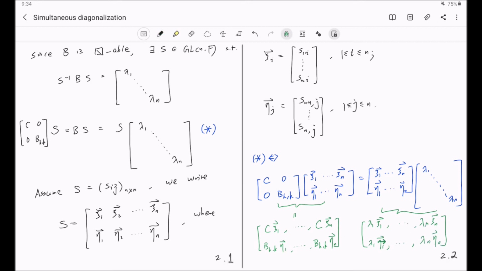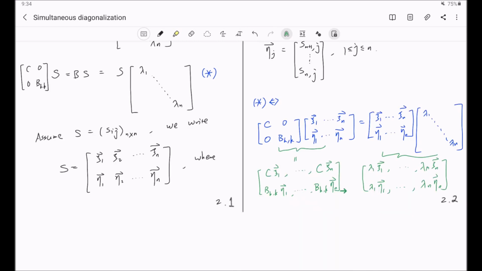Now, comparing both sides, what do you see? What we see from here is that C times c sub i is equal to lambda i times c sub i for any i greater or equal to 1, less than or equal to n.